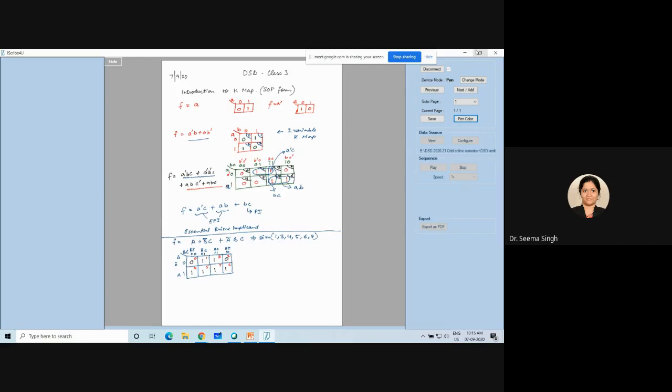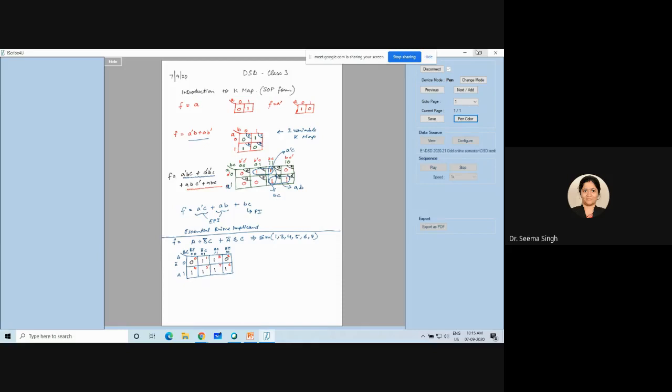Now with this example, I will be able to show you grouping of 4 variables. See, in a K-map it is possible to group either 2, 4, 8, or 16. Why 2, 4, 8, 16?